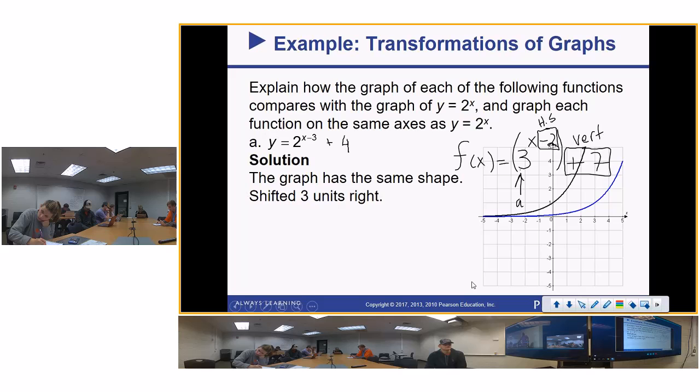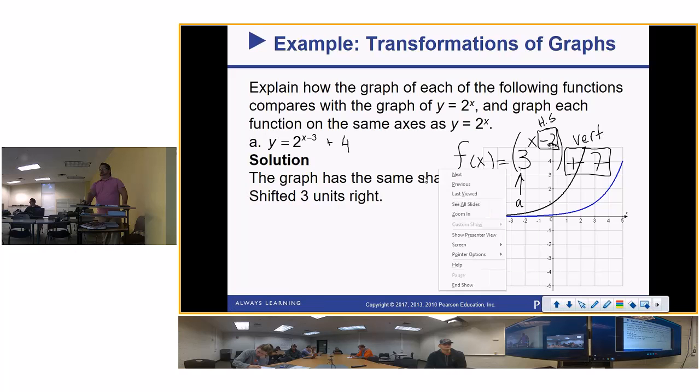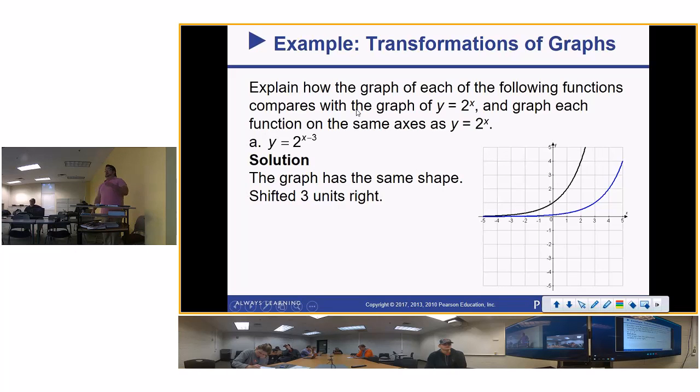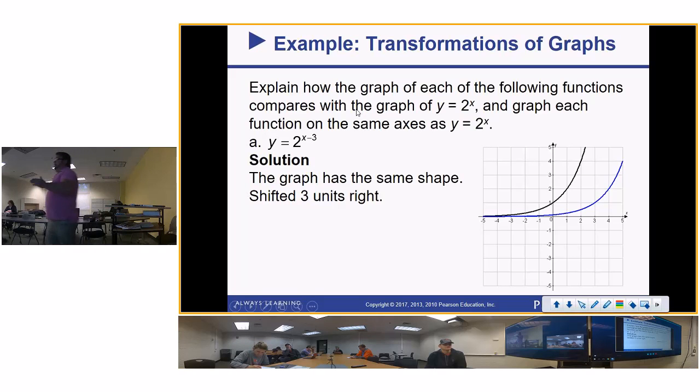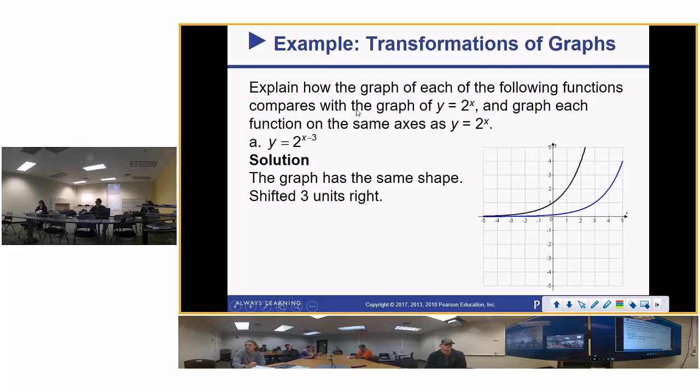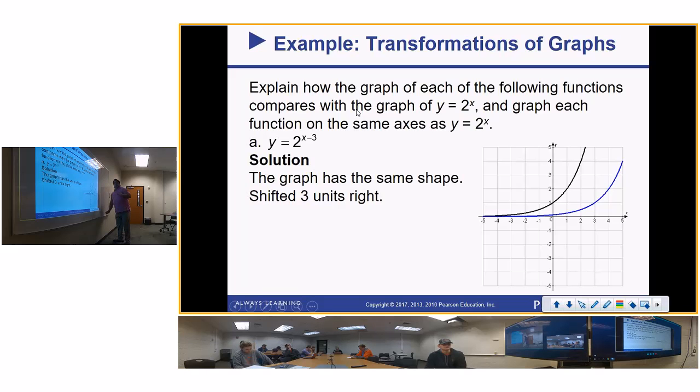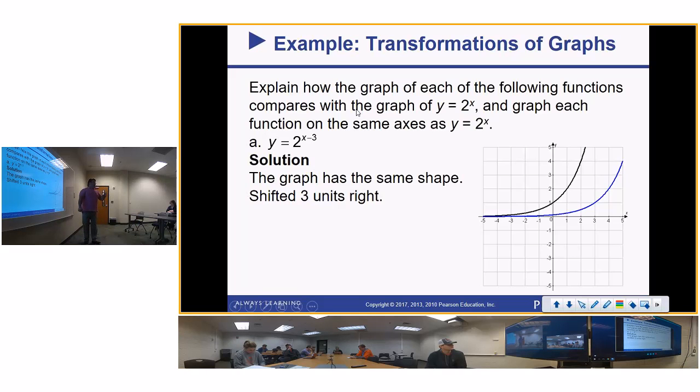There it is. So I'm going to erase my board and let you see, okay? Understand that you're moving 3 places to the right. And where is the point that never changes? The point that never changes is 0, 1. So that's technically like your origin.